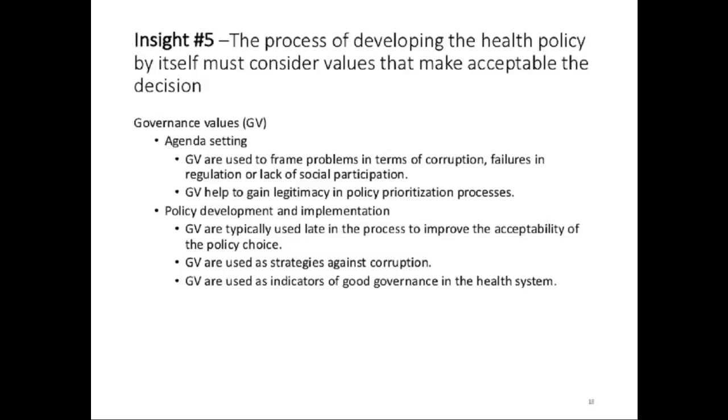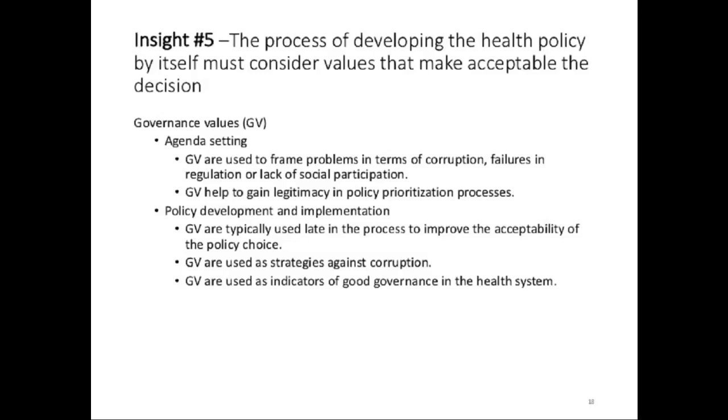Governments and policymakers use governance values as a way to gain legitimacy in the policy prioritization process, but also considering governance values is a strategy to make a policy more acceptable for the citizens and patients. So it's a way to gain legitimacy, not only in agenda setting, but also in policy development and implementation.